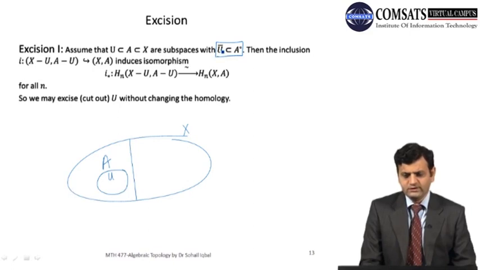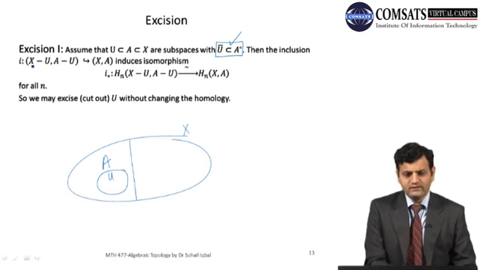The closure of U is the smallest closed set containing U, and the interior of A is the biggest open set contained in A. This condition needs to be satisfied.